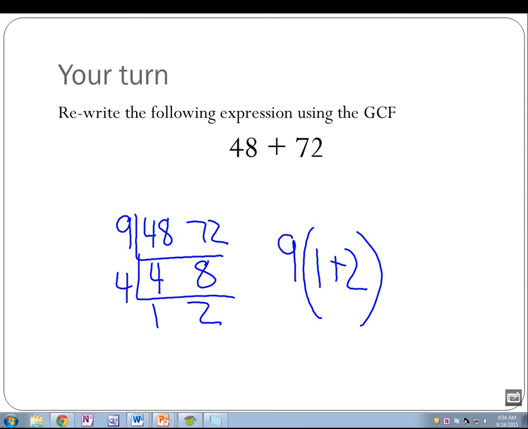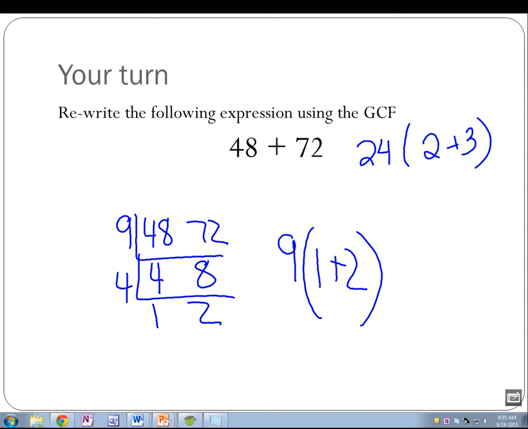Okay, 9, 1, and 2. I pulled out 24. The GCF of those two is actually 24. So you would have 2 plus 3.